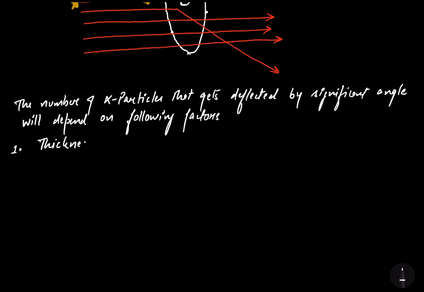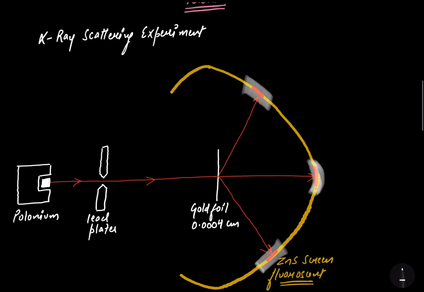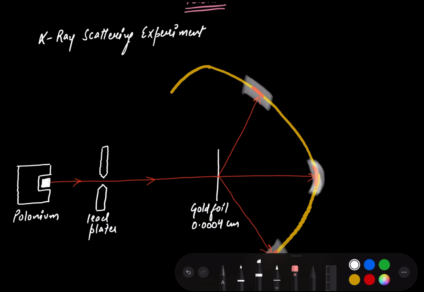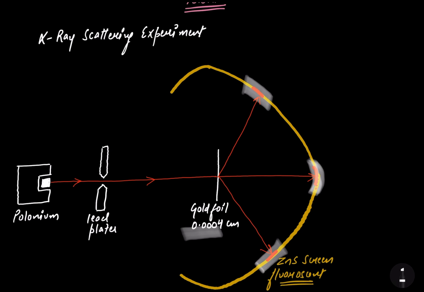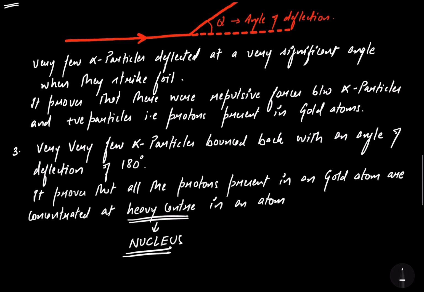The thickness of gold foil. How much thickness of gold foil has Rutherford taken in this experiment? It's 0.004 centimeter. It is very, very thin.